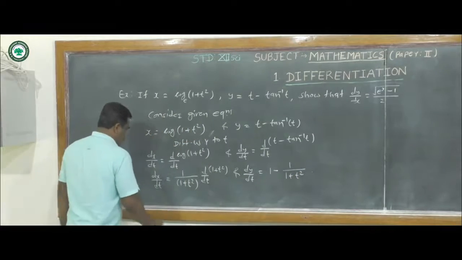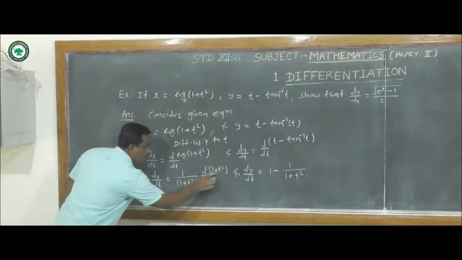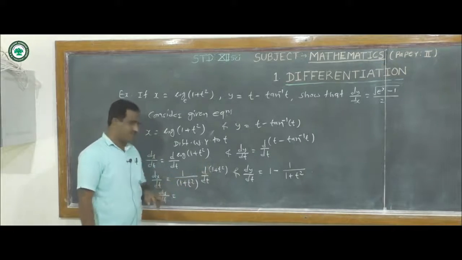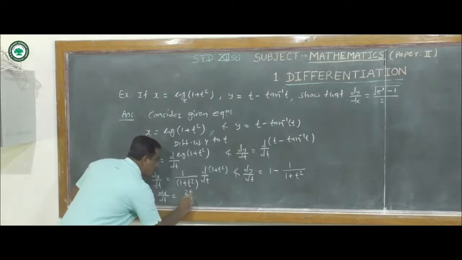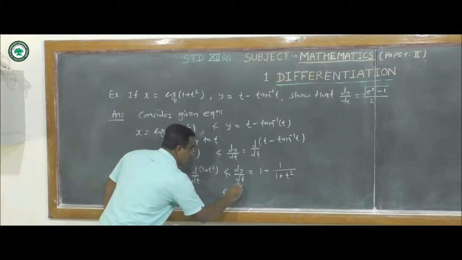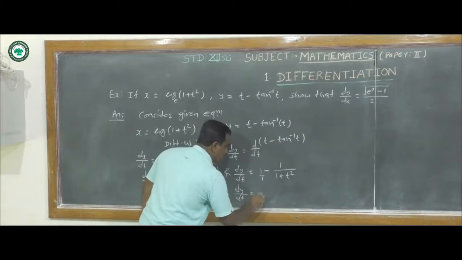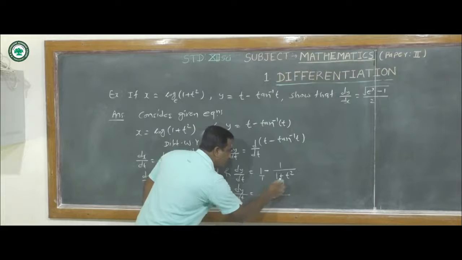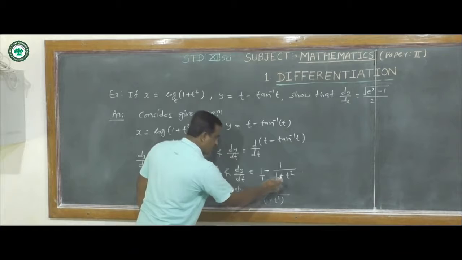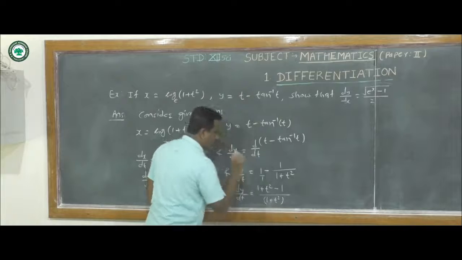Okay. Now here dx by dt is equal to the derivative of 1 plus t square: derivative of 1 is 0, derivative of t square is 2t. Therefore we can write here 2t upon 1 plus t square, and dy by dt is equal to, taking the common denominator 1 plus t square, 1 into 1 plus t square minus 1 into 1, over 1 plus t square.